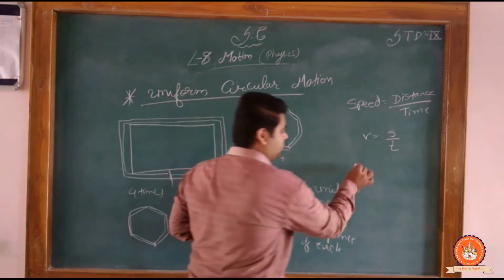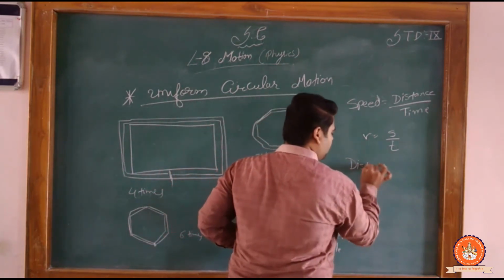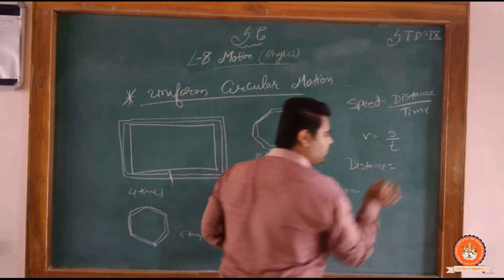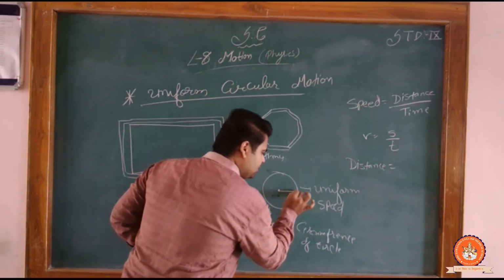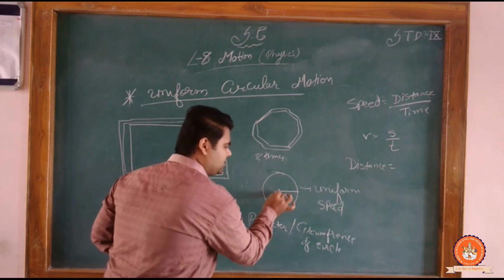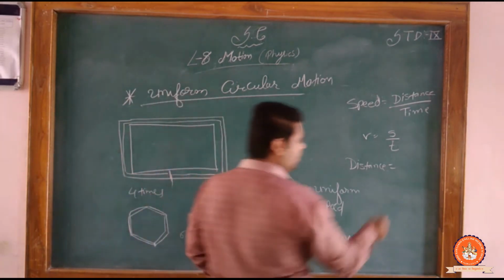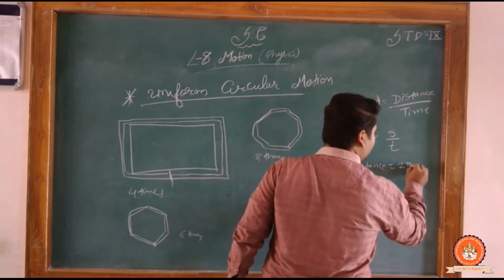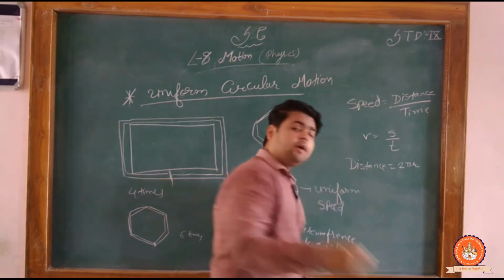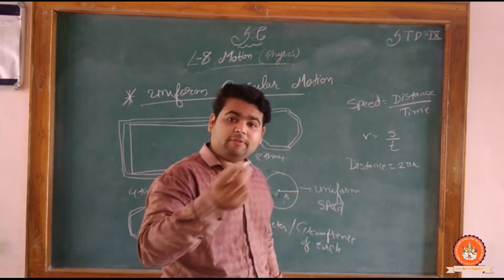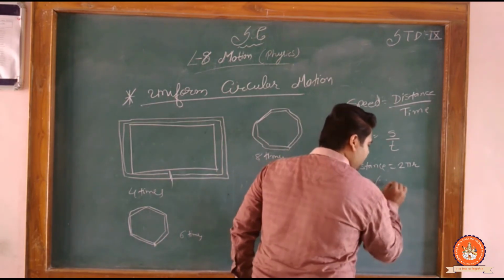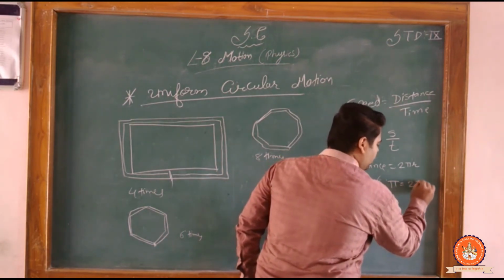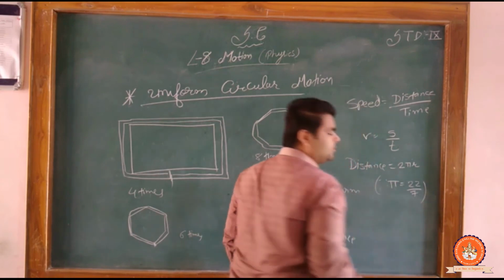The distance covered is the circumference of the circle. If the radius from the center is small r, then it is 2 pi r. And if the value of pi is given in the question, you can use it. Otherwise, use the value pi equals 22 by 7.